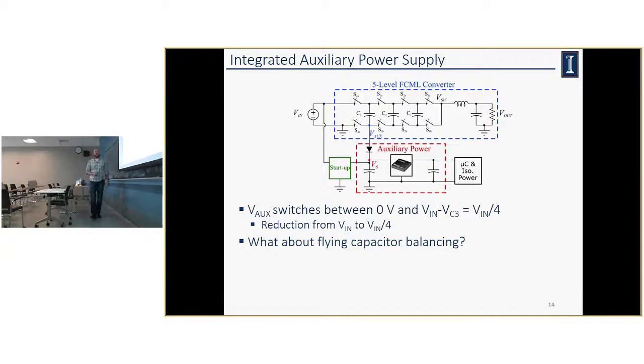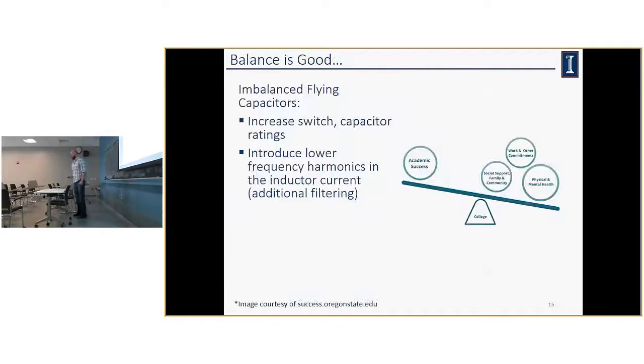The challenge now, though, is what about the flying capacitor balancing? We talked about the amp-second balance. Have we messed that up? The amp-second balance and the capacitor charging are important. We want balanced capacitors, because if they become unbalanced, we have higher switch ratings, higher capacitor ratings, and we also get more harmonics in the inductor current, which we'll see a little later.